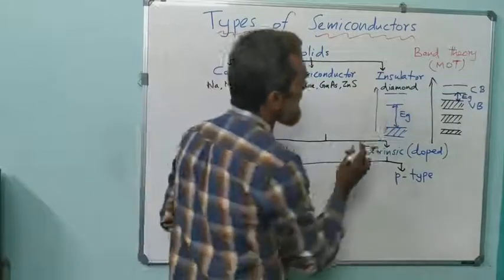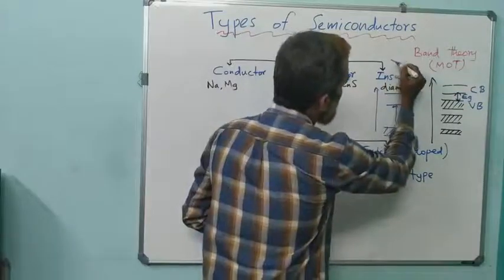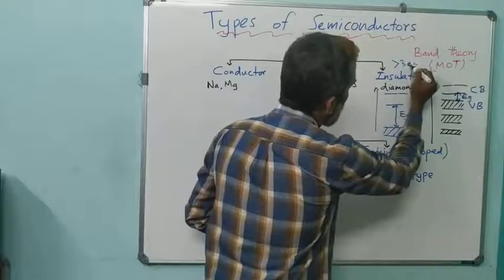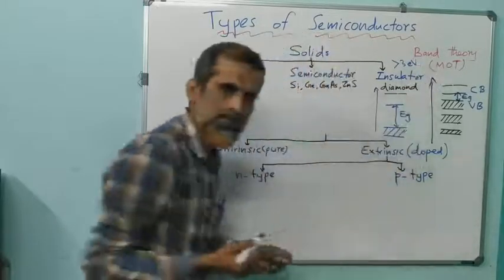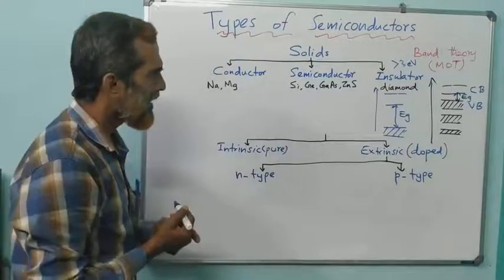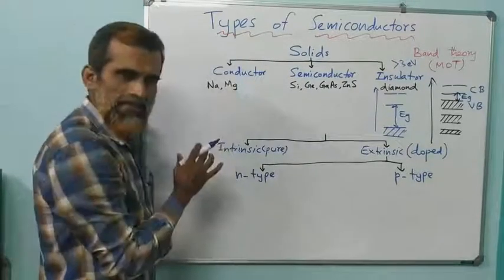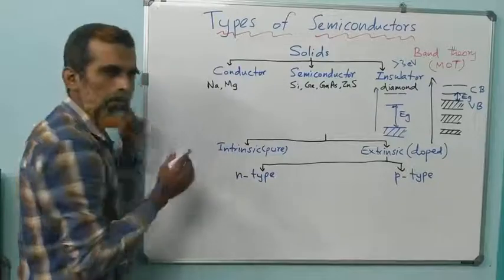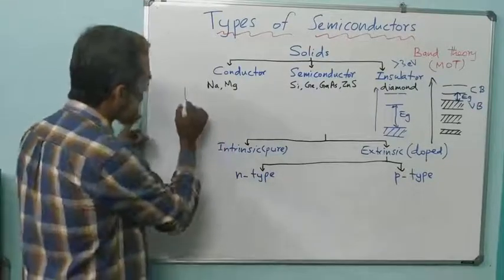So an insulator has a very large energy gap, much above, roughly speaking, 3 electron volt. More than 3 electron volt energy gap. It's a rough estimate. In the case of a conductor, the energy gap is sometimes 0. There are two possibilities.